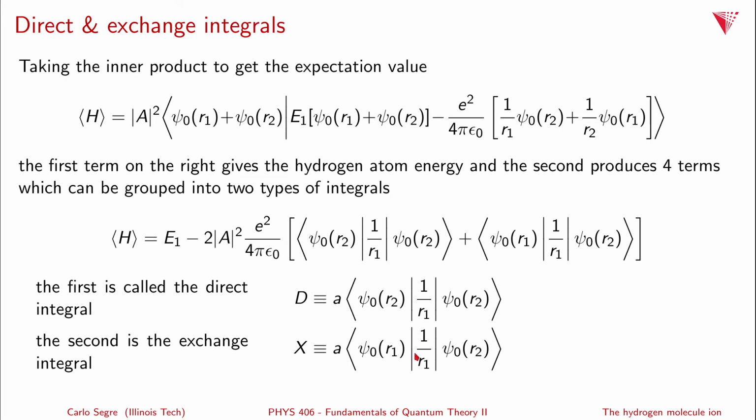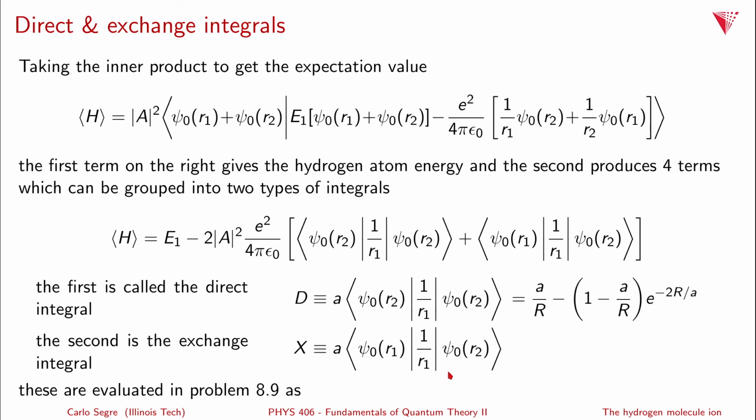And here you have the exchange integral where you're changing from one proton to the other proton and the overlap between those two with the potential from the first proton. Now when you do those integrals, which are done in problem 8.9, they become relatively simple after quite a lot of work.